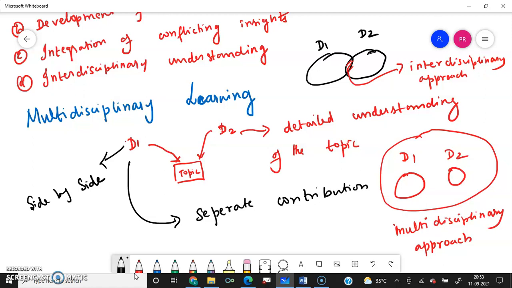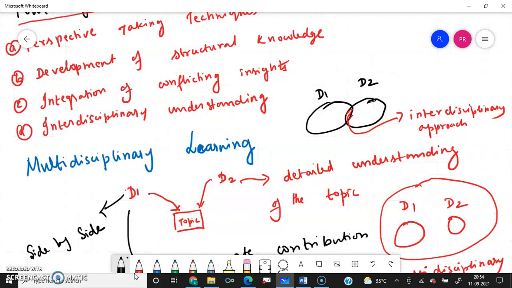So we are talking about the separate contribution. Here these disciplines make separate contributions, unlike interdisciplinary learning where an interdependent relationship is emphasized. Here, interdependent relationship.